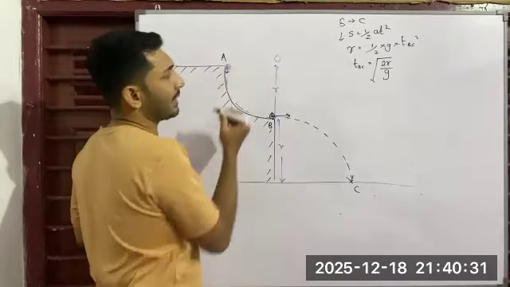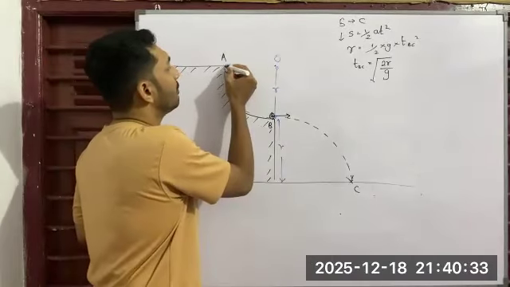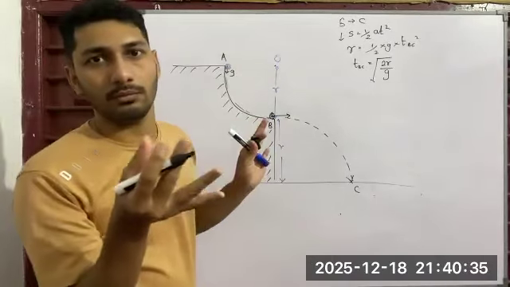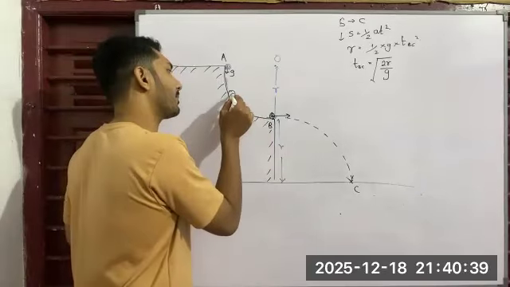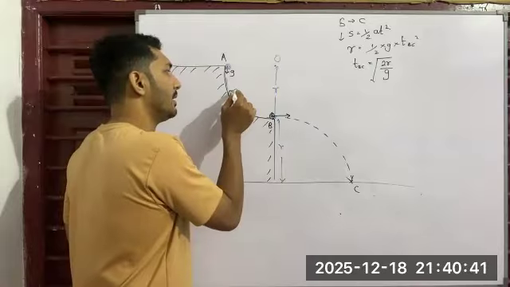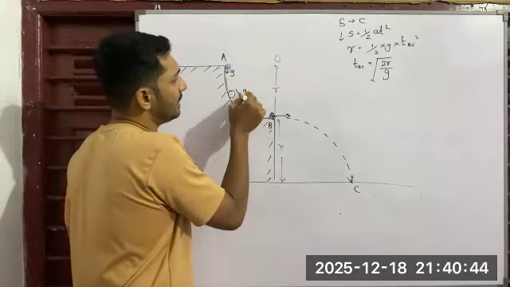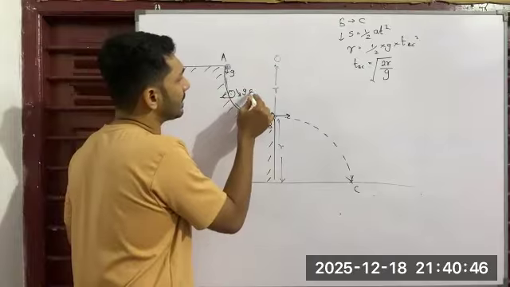At the very beginning, it will be like a free fall, with acceleration g. Here, at a random position, the acceleration will be g sin theta, whatever theta it makes.